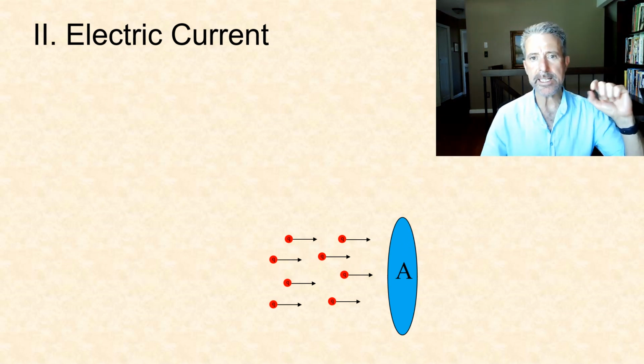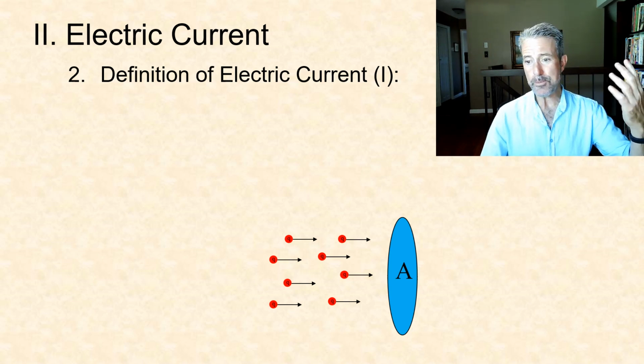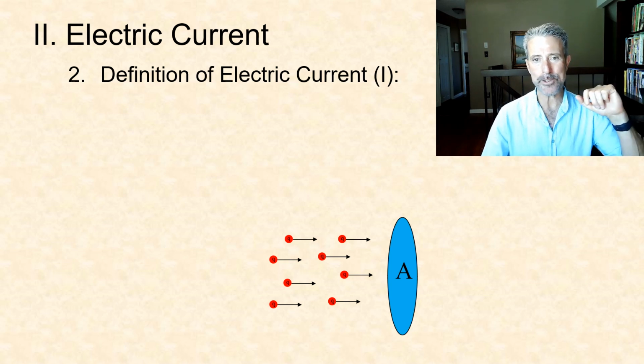So we've just stated that electric current, which we will symbolize with the letter I, capital I, represents the rate at which the electric charge flows past a given cross-section per unit time. So this is not our first rodeo dealing with this concept of a rate in physics.